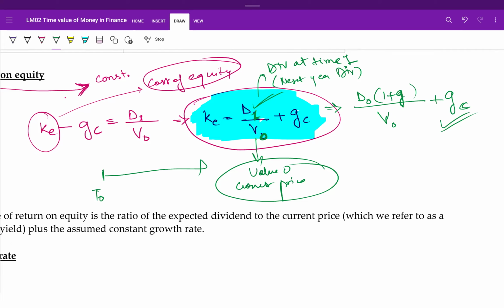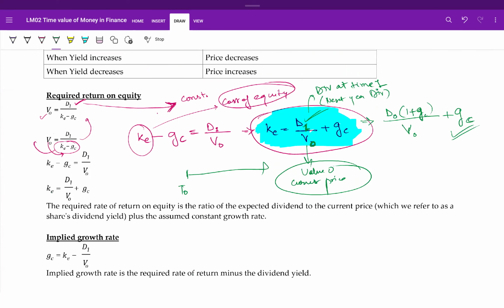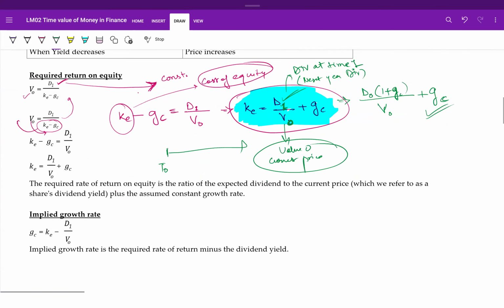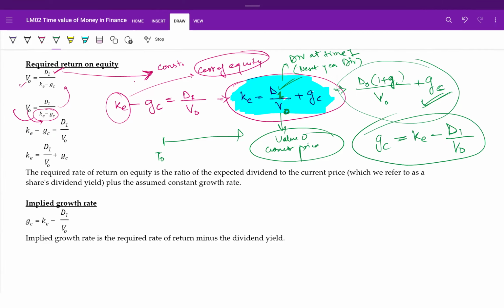And this is again G C. We can rearrange the formula again when we want to calculate the constant growth, the implied growth rate, by moving the other variables here and there. So this will give us the growth constant.